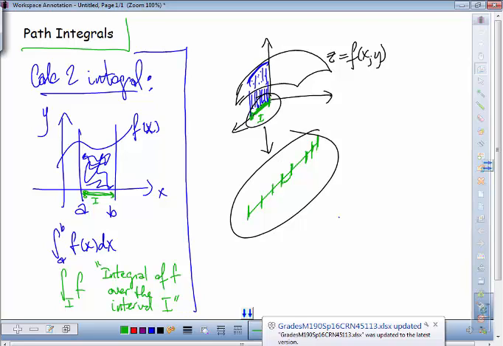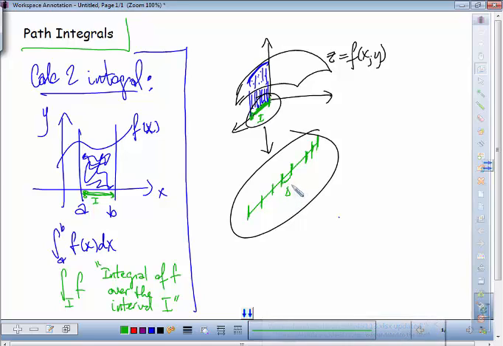I guess this is going along the x. We can call it delta x, I suppose. I'll just call it t, delta t. I know this is an x-axis, but I eventually want to generalize this, so I'm going to call it a t-axis. And this interval that we're looking at would have gotten partitioned, and since I'm calling it a t-axis, we can call this delta t.